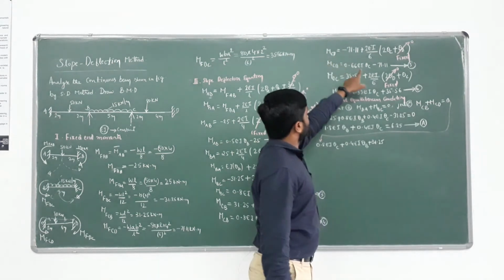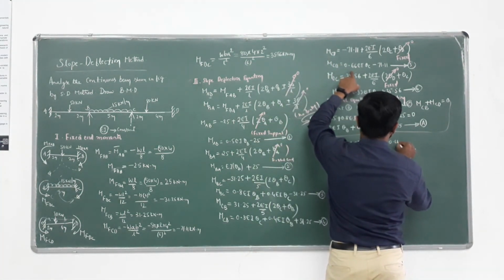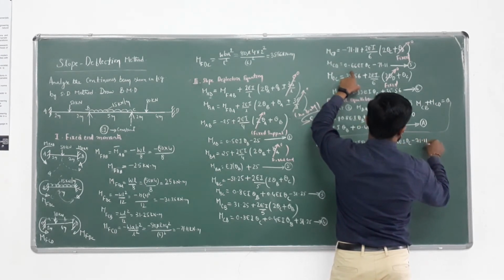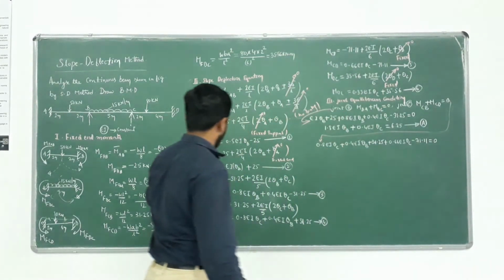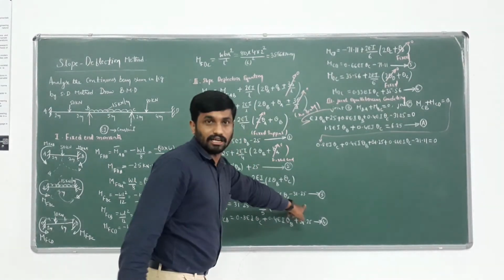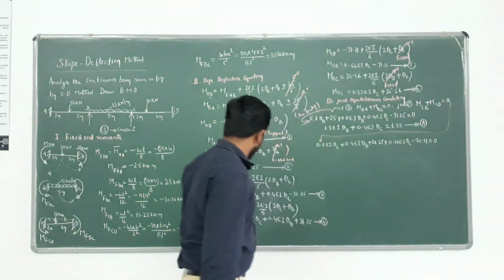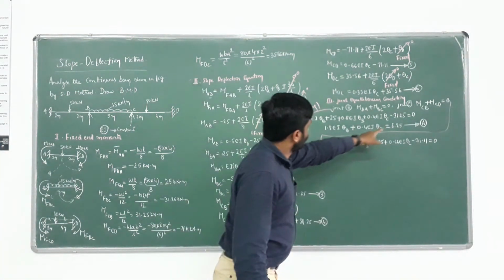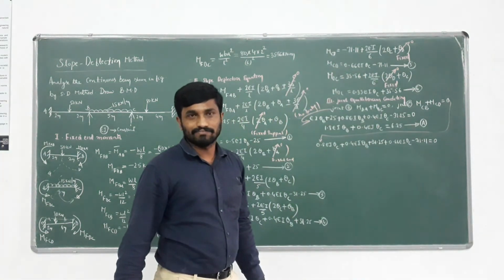What is the value of CD? Here 0.66 EI theta C minus 71.11 equals 0. See, joint B, that is MBA means equation 2 plus MBC means equation 3. This is equation 2 plus 3. Here this is MCB, MCB means equation 4, plus CD, equation 5. 4 plus 5. Clear?